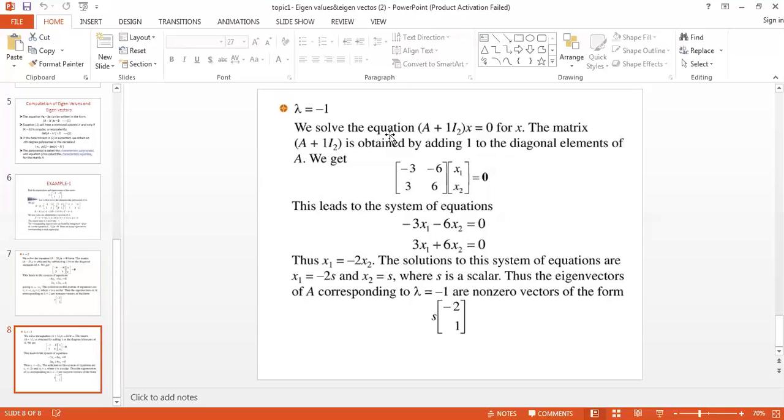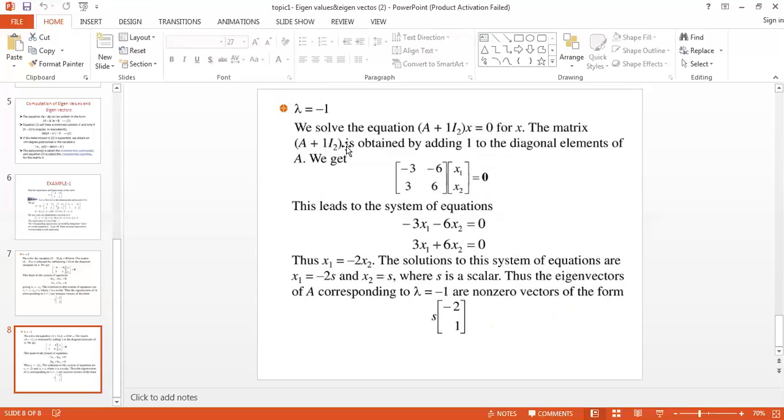Now the eigenvector corresponding to lambda equals -1. So we solve the equation (A plus 1 into I2) x equals the null matrix for x. So again the same thing.